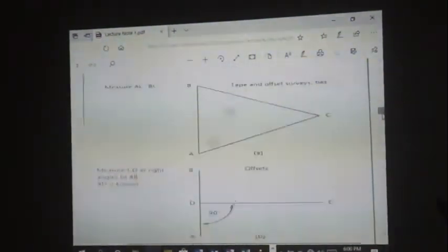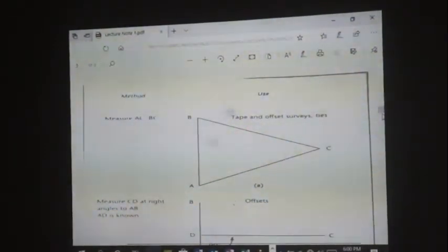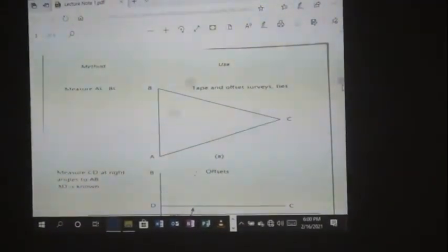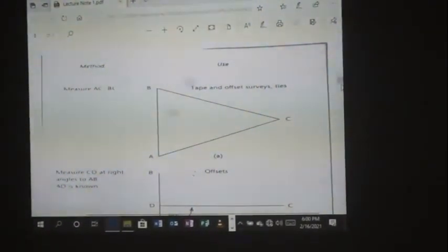Now another one is by taking ties. In this case, whenever you take ties, you carry out 2 measurements from known points.